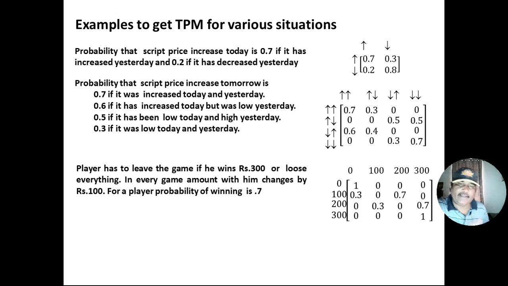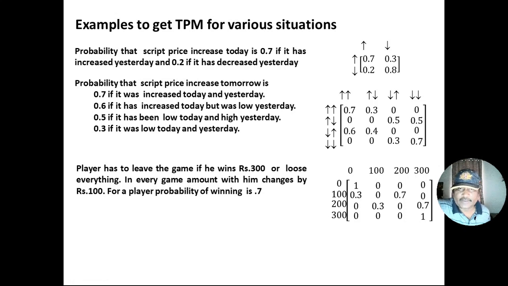So 100 will convert to 200, and the probability of that is 0.7. 100 won't remain 100 because he is playing, and there is no draw concept. 100 will become 0, and the probability of that obviously will be 0.3. 100 cannot become 300 in the next game, so here again 0.